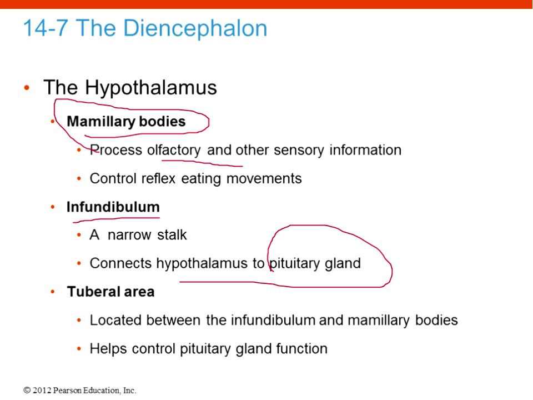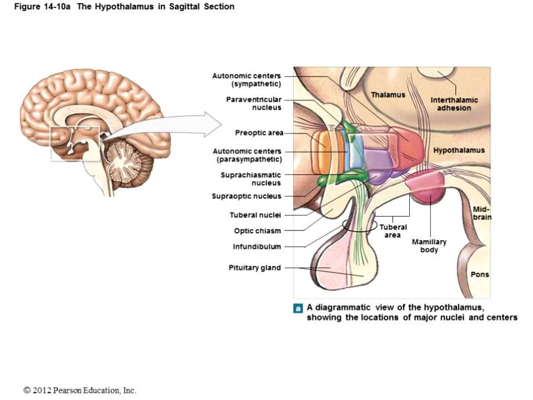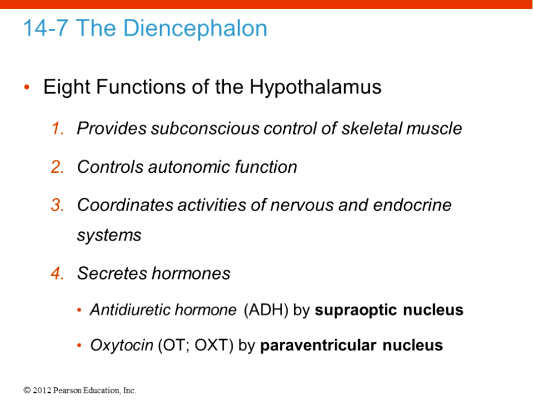It has an infundibulum, which again is what attaches to the pituitary gland, and also has this tuberal area, which helps control the pituitary gland in terms of its function. Okay? So here's a nice shot. Here is the hypothalamus, here is the infundibulum, and here is the pituitary gland.